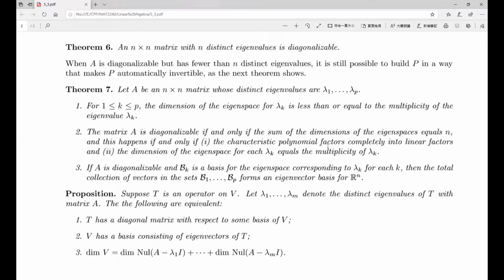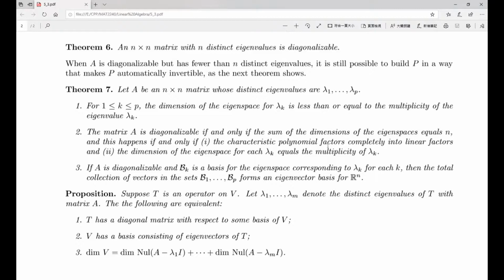When A is diagonalizable but has fewer than n distinct eigenvalues, meaning when you have repeated eigenvalues, it is still possible to build P in a way that makes P automatically invertible, as the next theorem shows. We actually saw that in example 2: even though we have only 2 eigenvalues, we were able to find 3 different eigenvectors that are linearly independent.